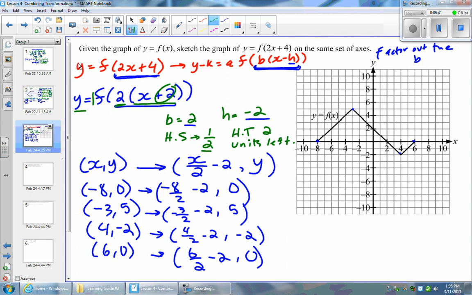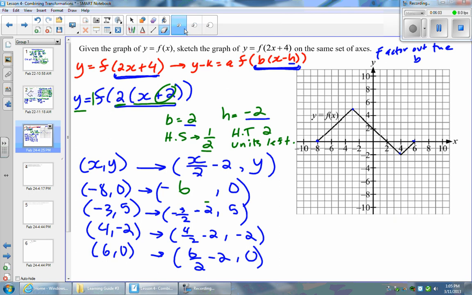Let's start with the first coordinate. Negative 8 over positive 2 gives you negative 4, minus 2 is giving you negative 6. I have to be really careful here with my erasing. Let's make this smaller.